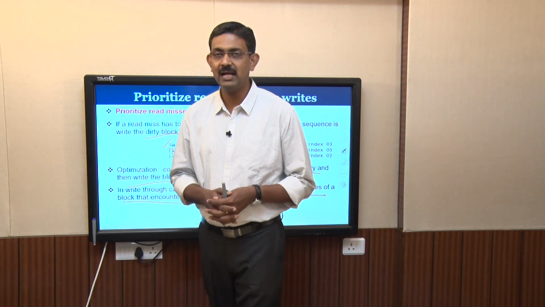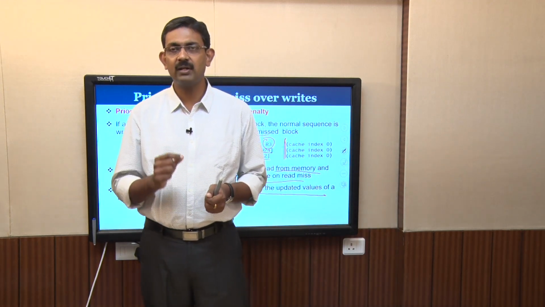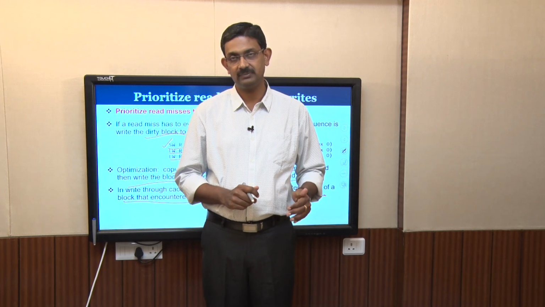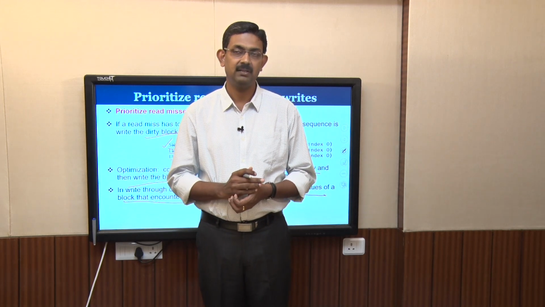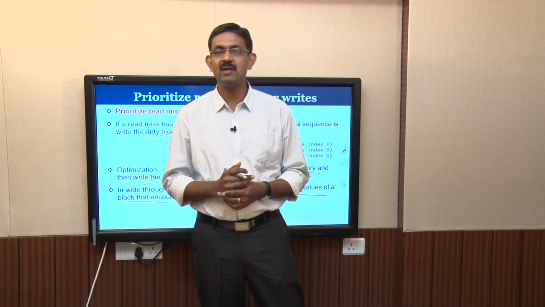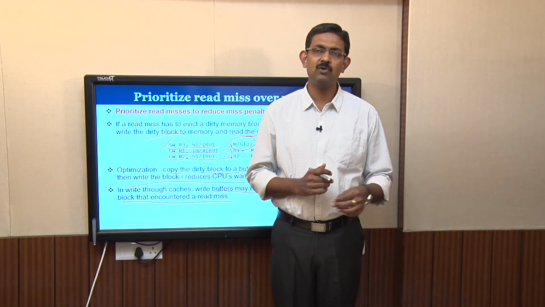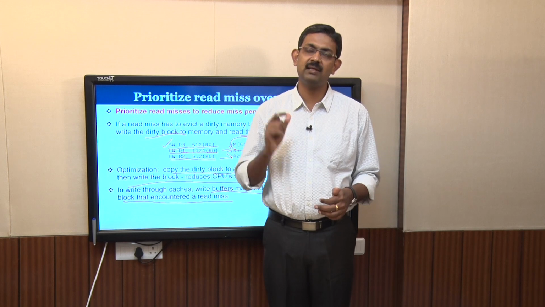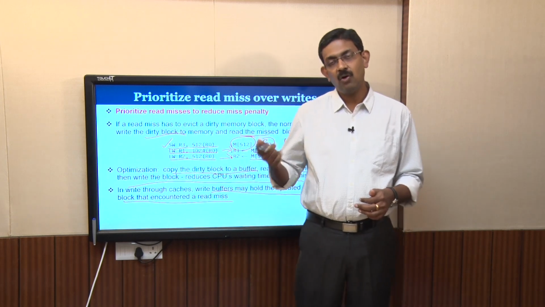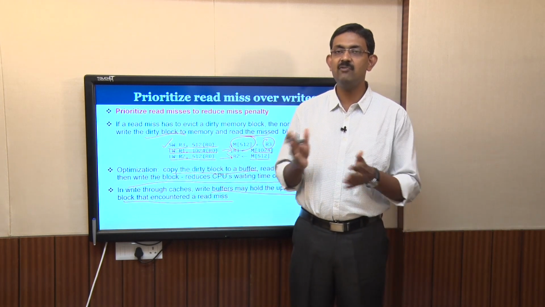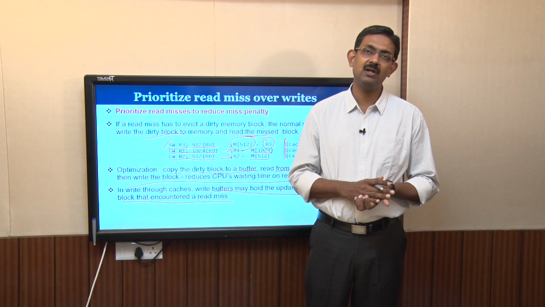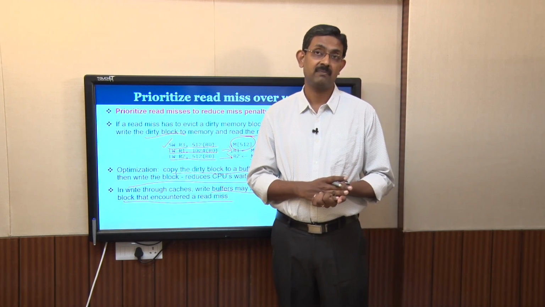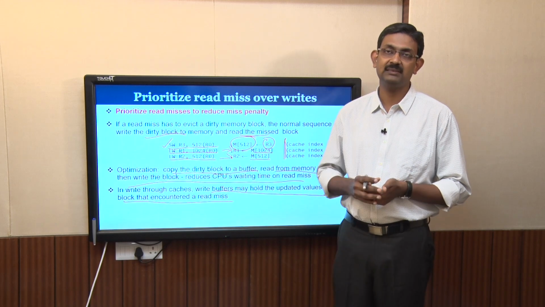If it is a write through cache, then any write on cache memory is reflected in main memory as well at the same time, such that cache memory and main memory are coherent. When you are using write back cache, all the writes happen on the first level cache only. Only when there is an eviction from the first level cache, then only the updated writes go to the next level of memory.